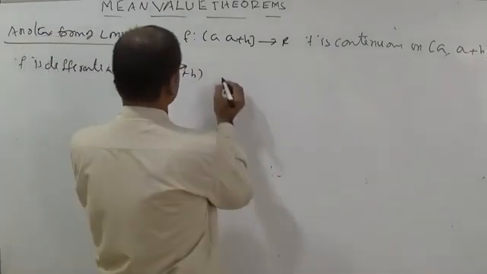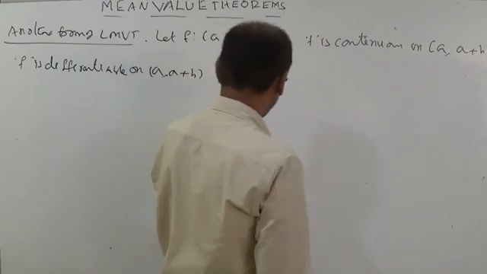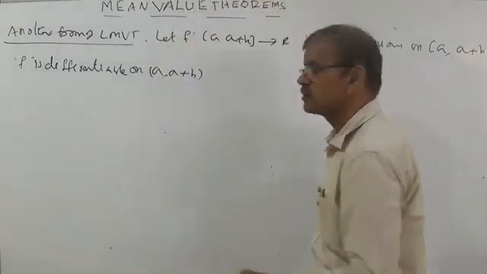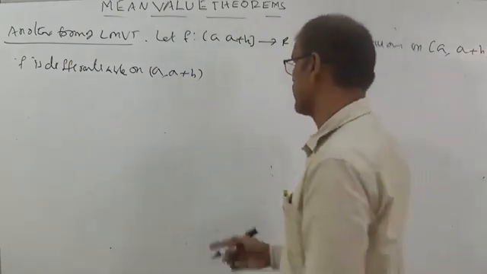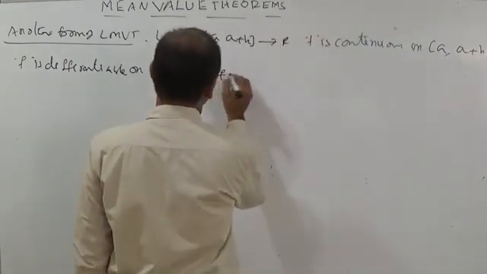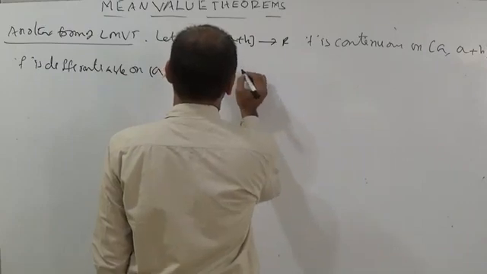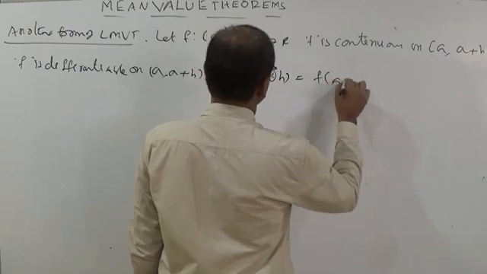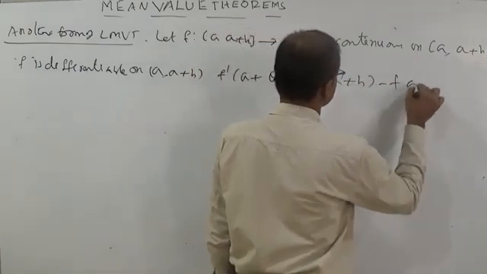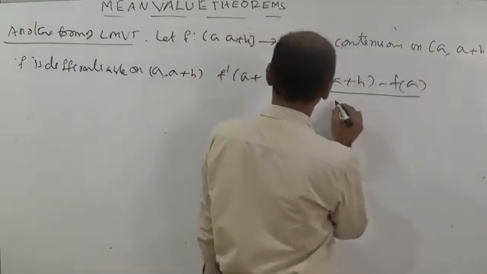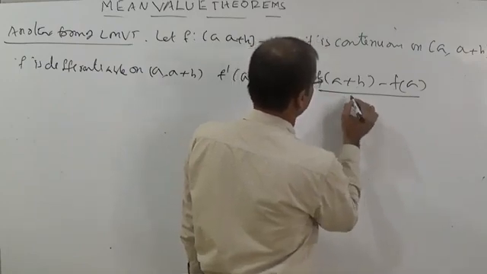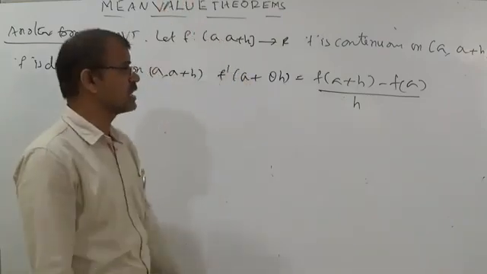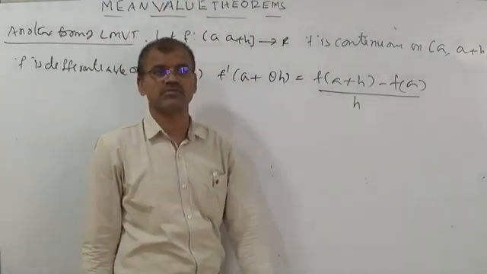And next we can say, previously I said that f dash of c is equal to f of b minus f of a by b minus a. Now we can say here f dash of a plus theta h is equal to f of a plus h minus f of a, whole by h. Using the fundamental principle, limit h tends to 0 of f of x plus h minus f of x, whole by h.